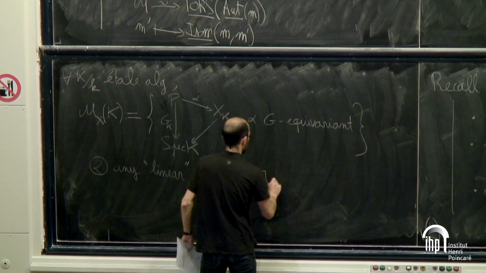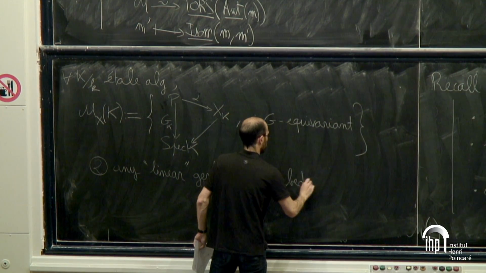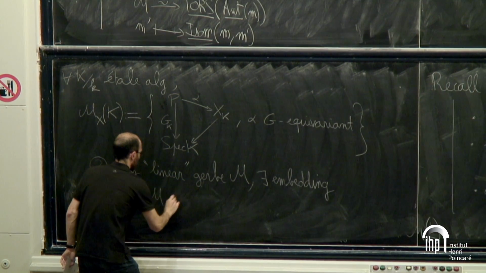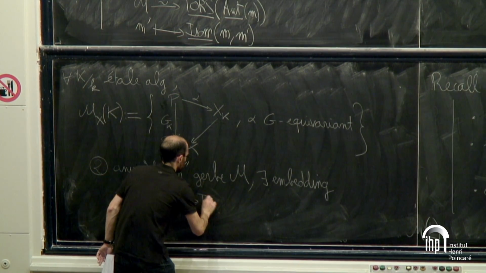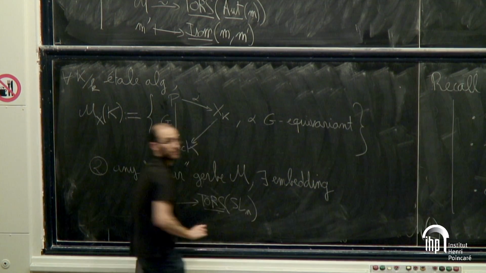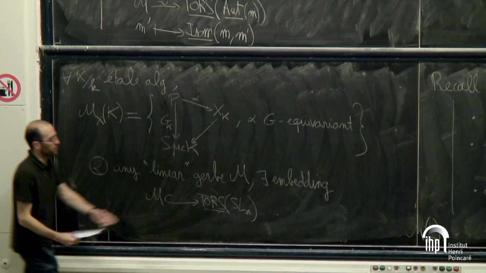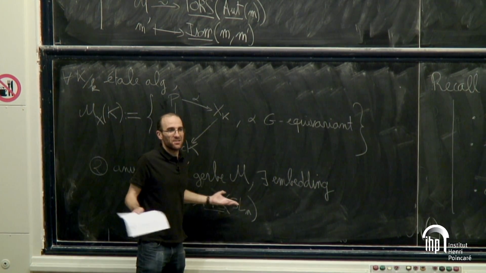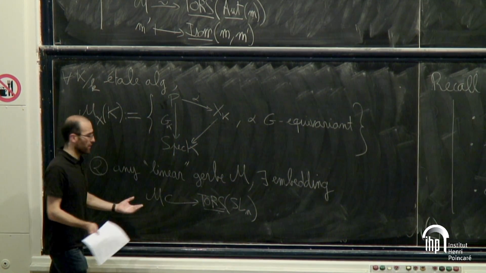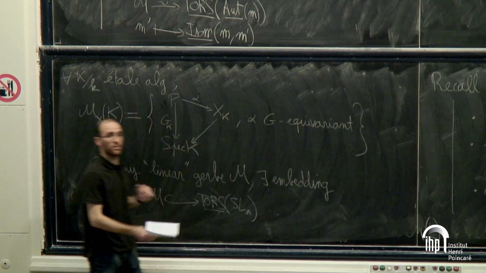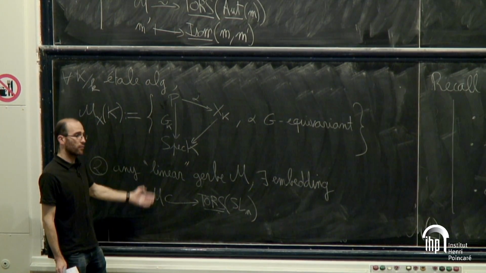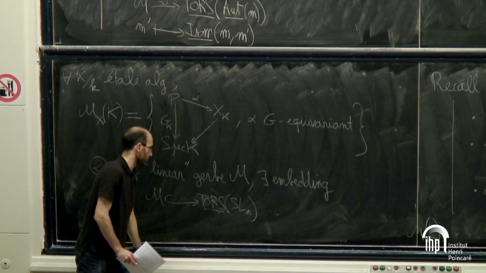Then there is an embedding of this gerb into some gerb of SLN-torsors, which is not a very interesting gerb because, of course, you know that SLN-torsors over fields are all trivial, but as a gerb it is a nice object. And this is the correct analog of the embedding of an algebraic group into SLN.